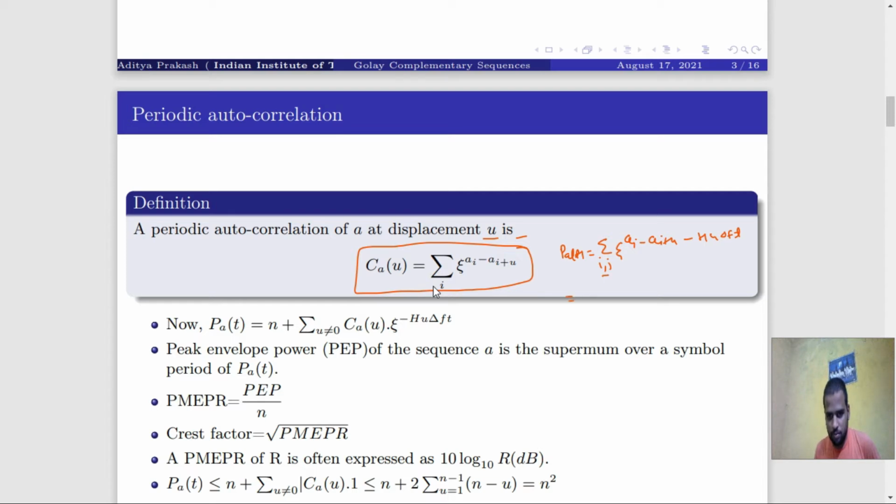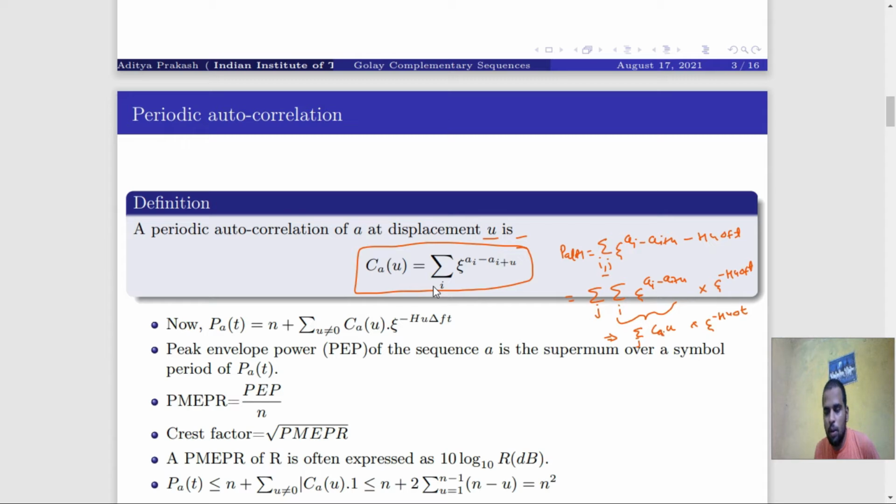We take a summation, and you simply multiply, that means minus HU delta FT. Simply extract, and you note that this is nothing but CAU into J to the power minus HU delta FT.